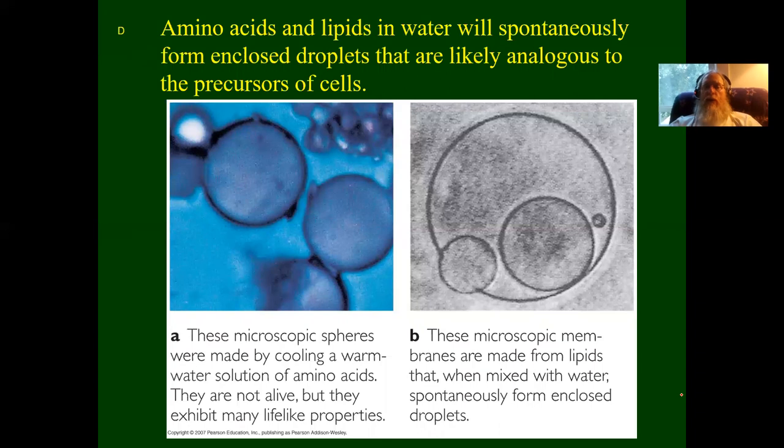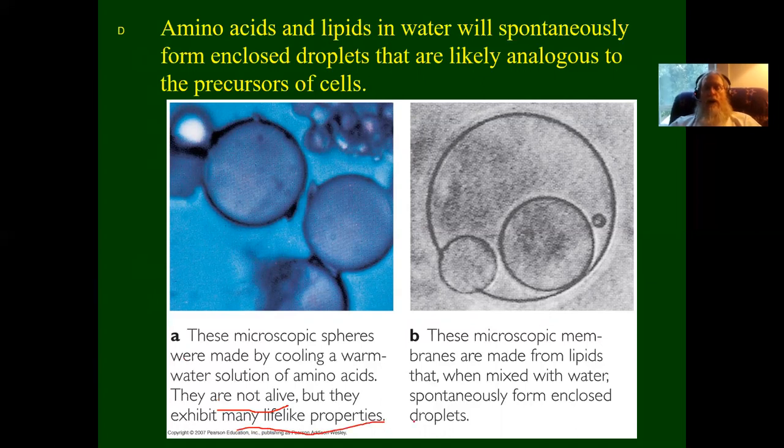Now, we talked about this a little bit in the last unit, but once you get amino acids and lipids in water, then they can spontaneously form enclosed droplets, probably as analogous to the very earliest cell membranes. I will point out on the one on the left, which shows some little amino acid membranes, that where it says down here that they're not alive, but they have many lifelike properties.